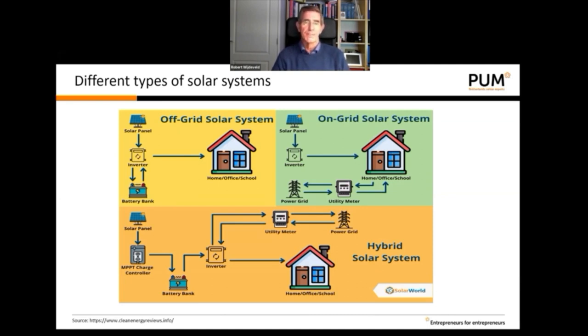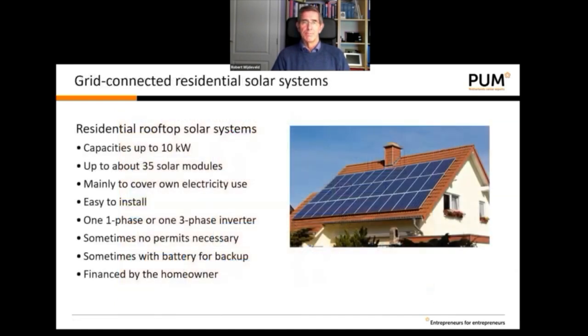I will tell you about the on-grid solar systems, so the systems which are connected to the local grid. Then we also have the hybrid solar system, which is basically a combination of an off-grid and an on-grid solar system. In another lecture, you will learn everything about the hybrid solar system. But let's focus on the on-grid solar system.